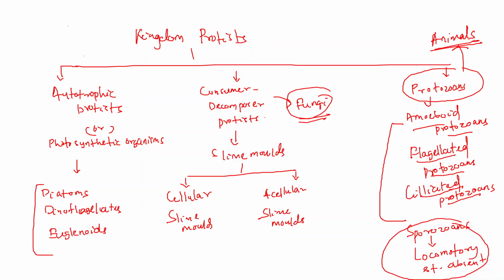So these protozoans are heterotrophic in nature, and they are believed to be primitive relatives of animals.